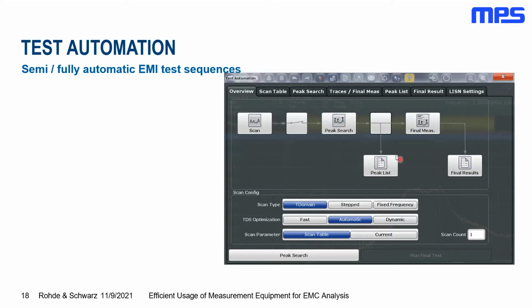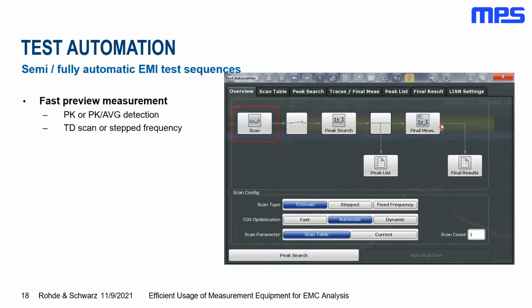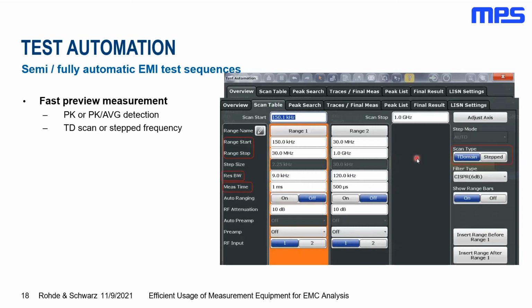This could either only plot the peak list we've previously seen, or afterwards we could define a final measurement, which will then do the analysis on the peaks that have been above the threshold for the quasi-peak, and then display these final results afterwards.